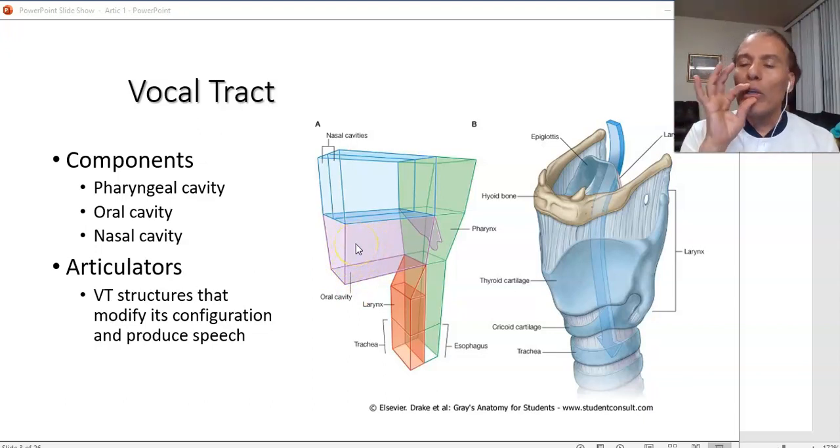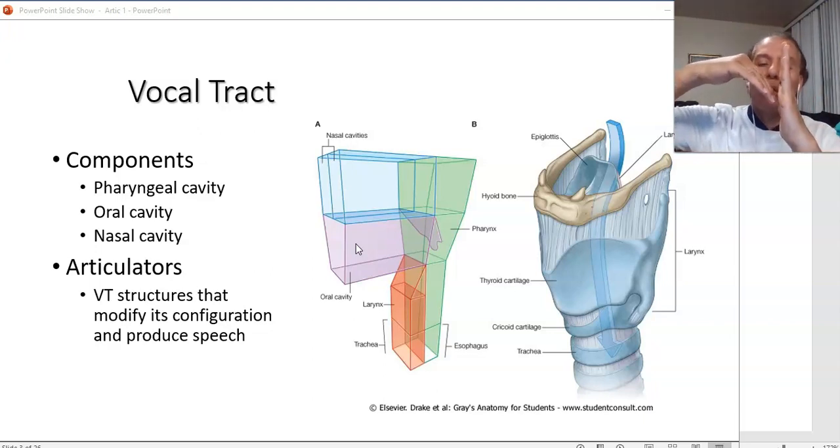The lips, if you say ooh, ooh, you make a low pitch. If you say ee, you make a high pitch. So the lips are also modifiers of speech frequency. The jaw, the tongue, the velum itself, the soft palate, when it goes up, obviously it creates more room in this oral cavity that makes the pitch here lower, and it takes away from the nasal cavity because it goes up.